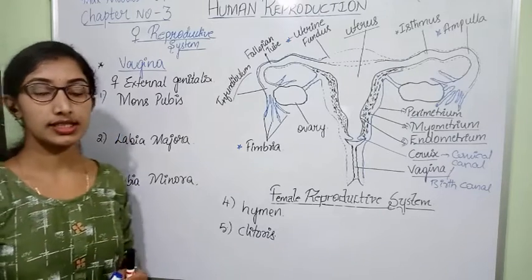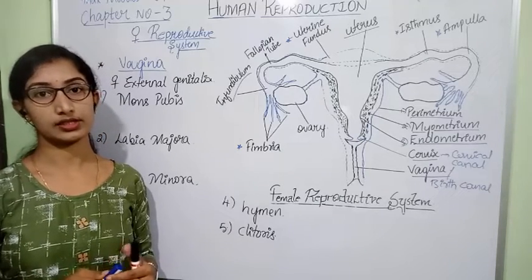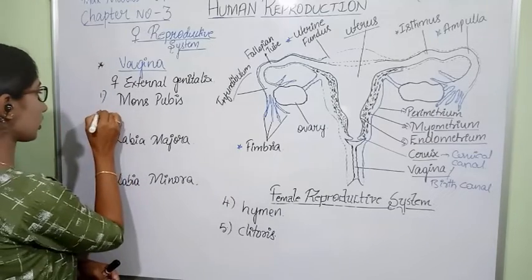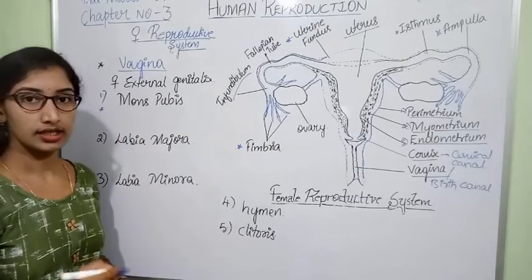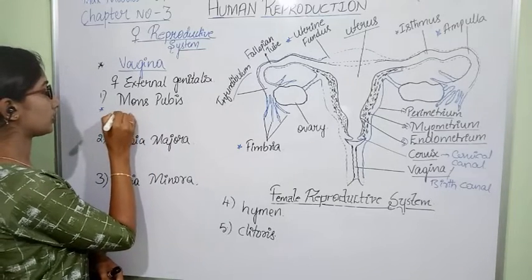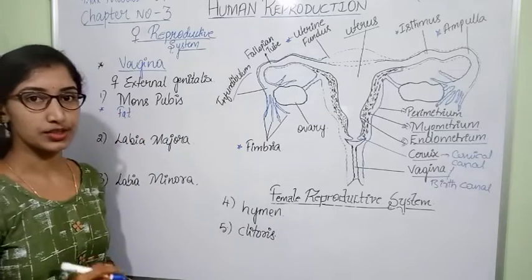Mons pubis is the upper region or the upper surface of the vagina, and the mons pubis consists of fatty tissue.